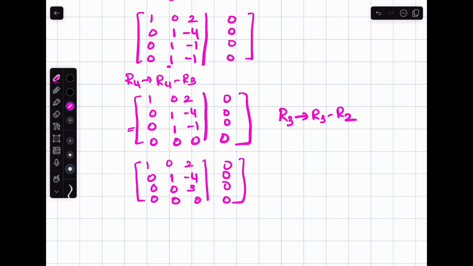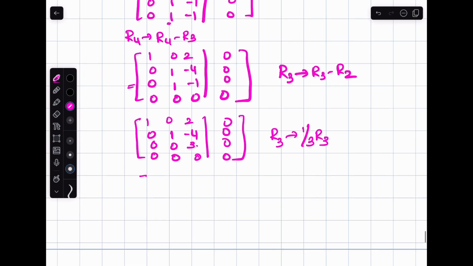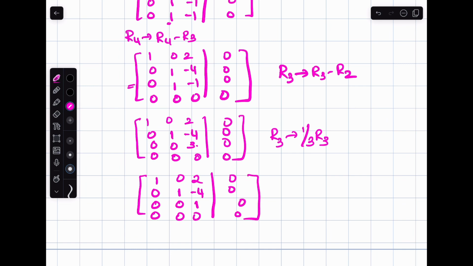All right, now I want to change this 3 to 1. So let me change it as r3 changes to 1 by 3 times r3. So first row 1 0 2 0 0 1 minus 4 0 0 0 1 0 and 0 0 0. Now I want to apply the row operation for the row 1 and row 2. I'll try to make them as 0.